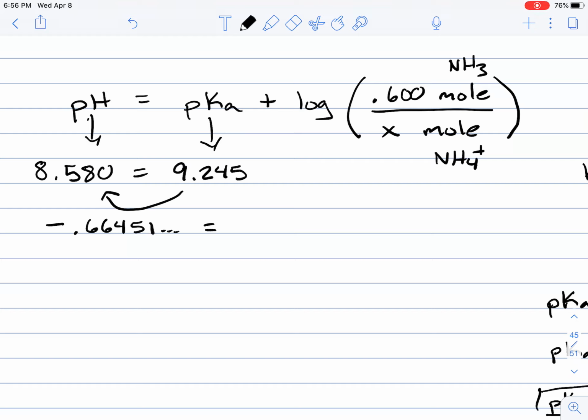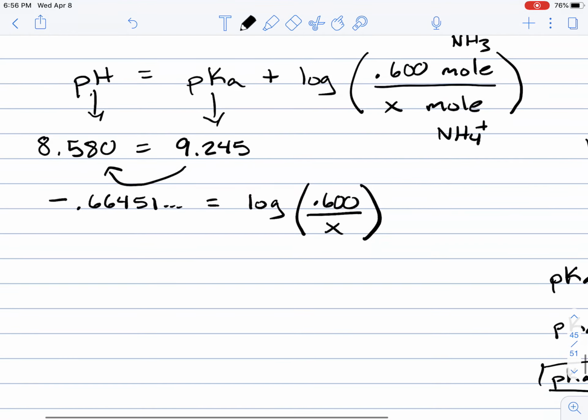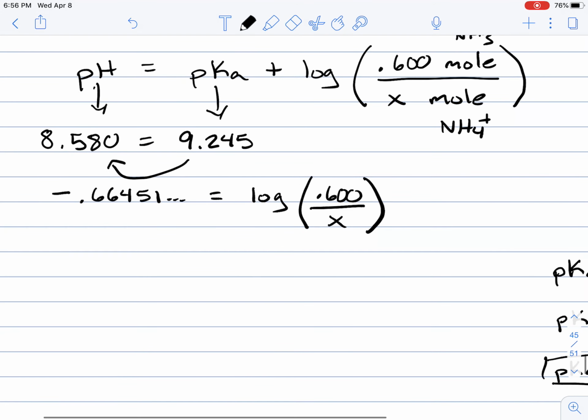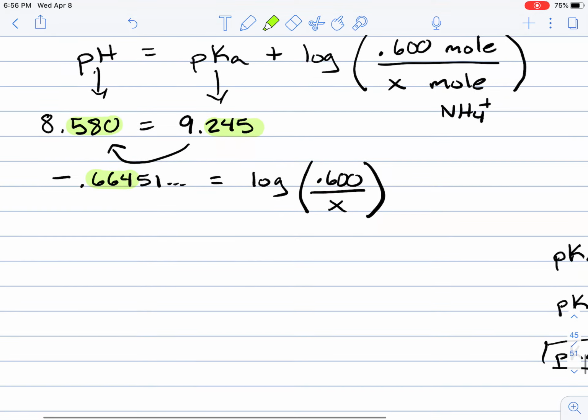And then that's going to equal the log of 0.600 over x. Okay, so I'm just bringing that down. And so here in this case, for sig figs, since we're subtracting these 2 values, I probably would just want to report 3 places after the decimal.